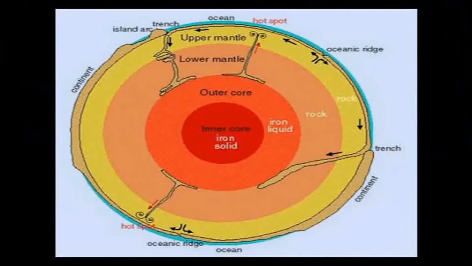Its flowage can be compared to coal tar, which is hard and shatters easily if struck, but which will slowly flow downhill if left untouched for a long time. Earth's mantle is further subdivided into the upper mantle and the lower mantle.